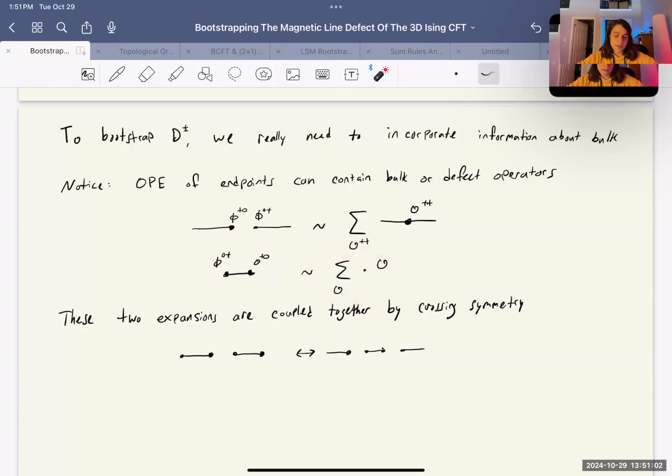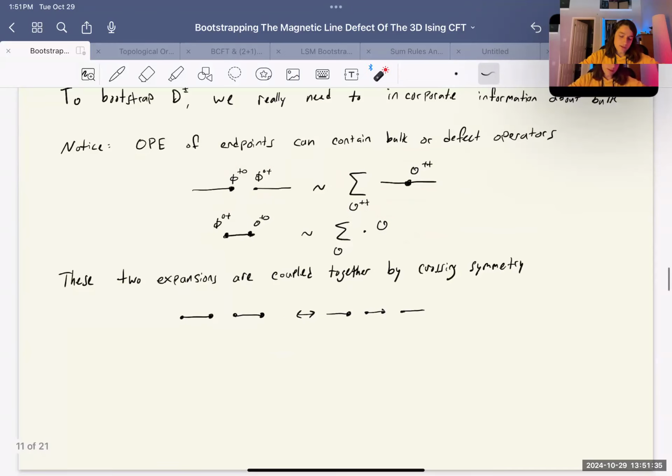And so in particular, since we know so many of the bulk operators, we can directly assume what values of scaling dimensions appearing in this bulk channel are allowed, up to some cutoff that we'll choose. But of course, also the endpoint operators can be fused into genuine defect operators. And the interesting thing to note is that these two different expansions are related by crossing symmetry.